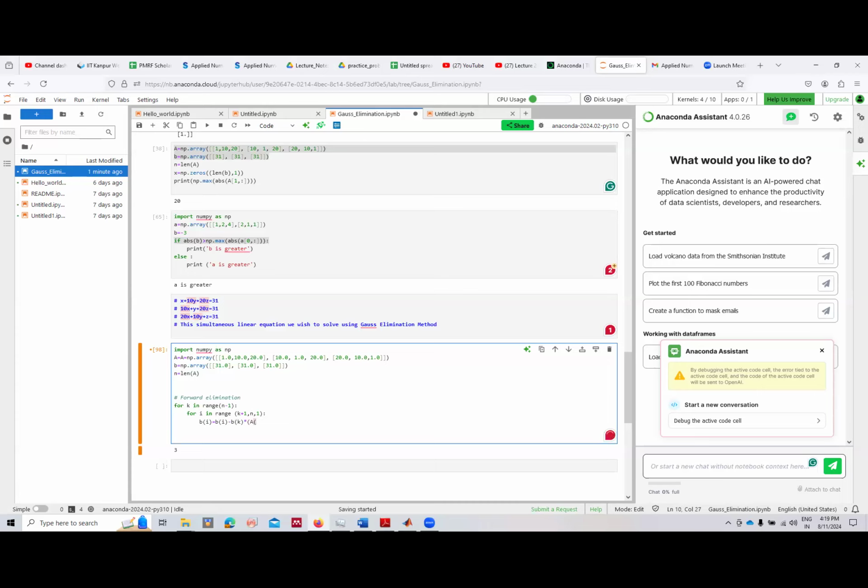A, sorry, A i k, the ith row kth column term, divided by the pivot element A k, comma k. Okay.